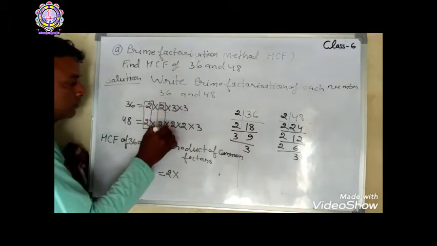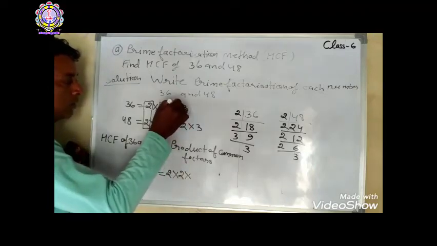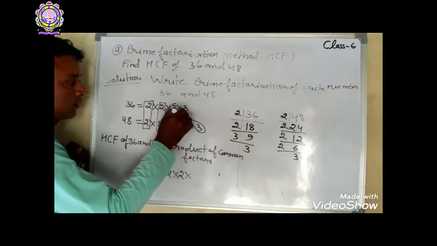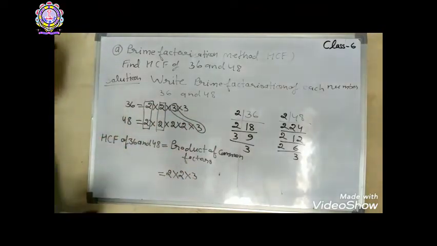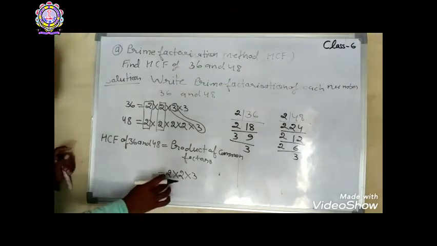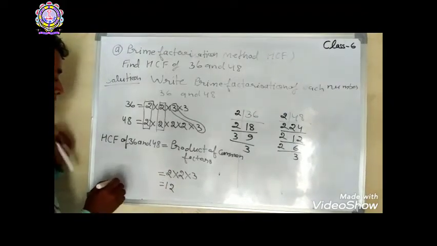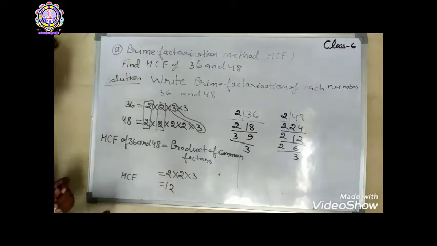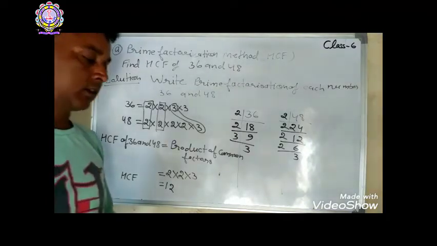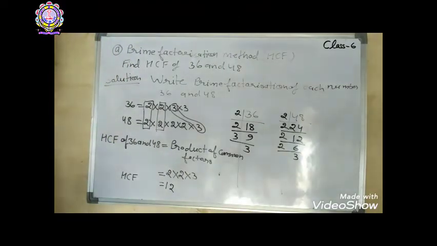Another 2, so we write here 2 into 2. And now 3 is common, so you get 3, and none else is common. So what is the answer? 2 2s are 4, 4 3s are 12. Thus HCF of 36 and 48 is equal to 12. So this is the prime factorization method to find the HCF.